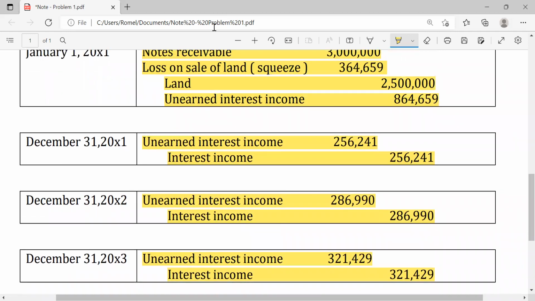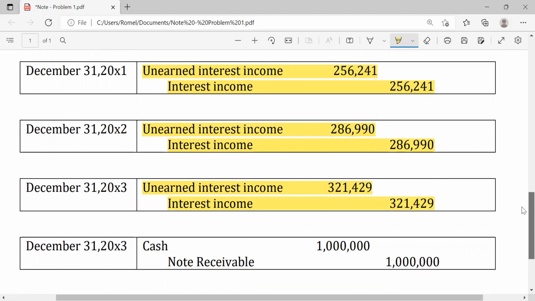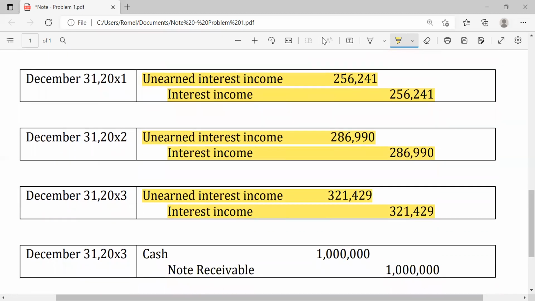And then, finally, for December 31, 20X3, the journal entry is debit cash, 3 million pesos, okay?